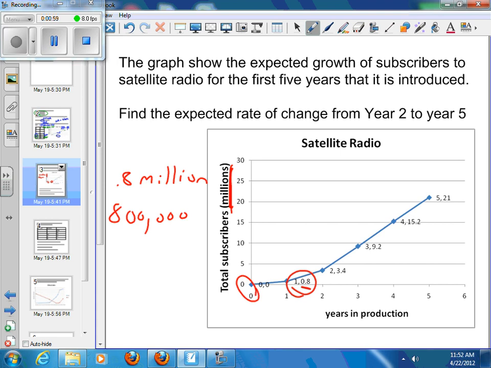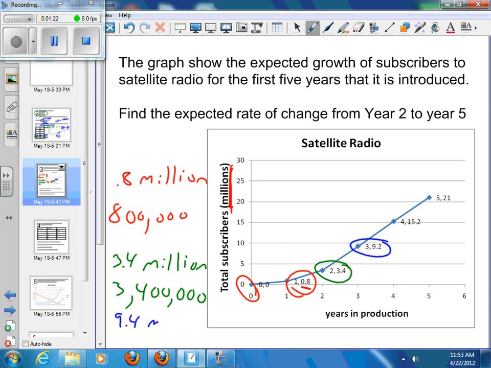Then we look at year 2. We've got 3.4 million, and that's 3,400,000 that next year. And then the third year we're in production, we went to 9.2 million.